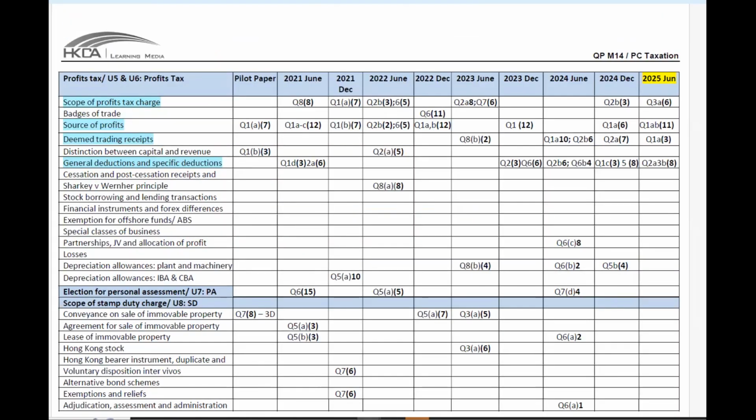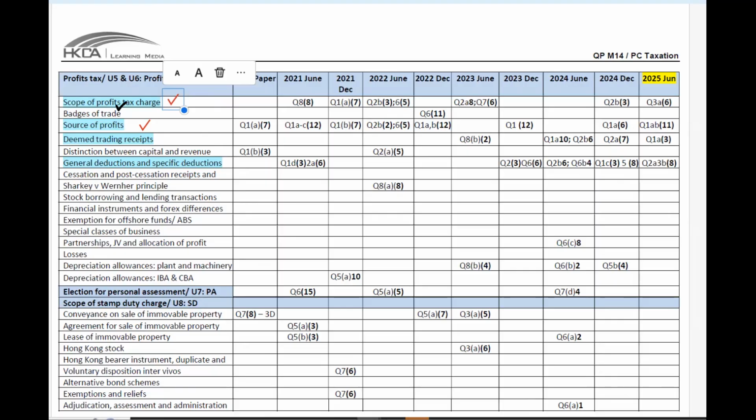Here is about profits tax. So the typical one, which is still inside your hot topic this diet, is source of profits. So frequently asked. When they ask you about the source of profits, you will discuss section 14 first. Briefly, you may also be asked about the scope of profits tax charge.